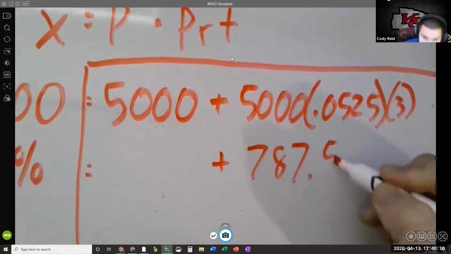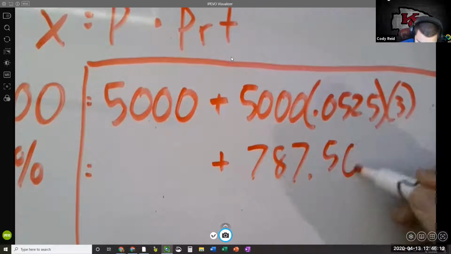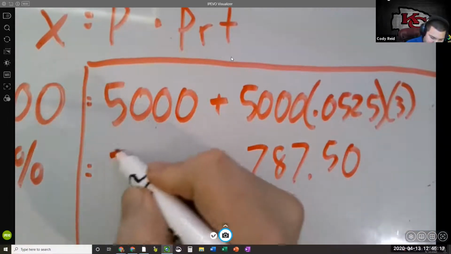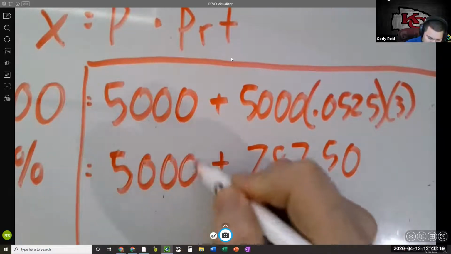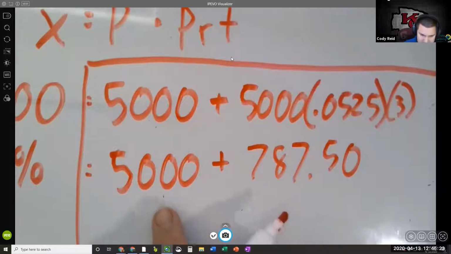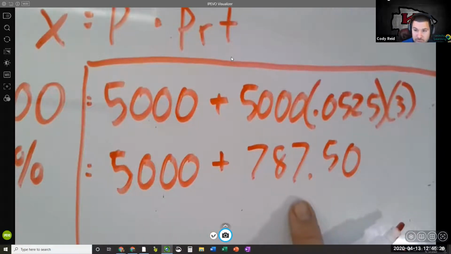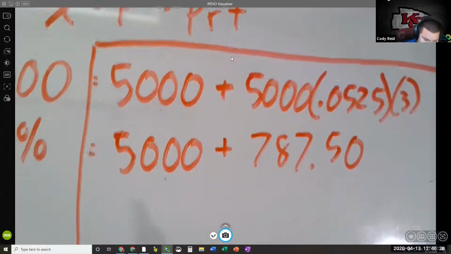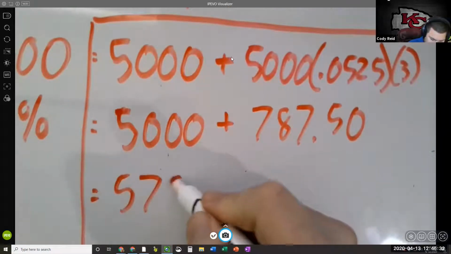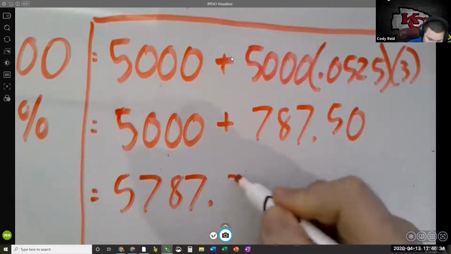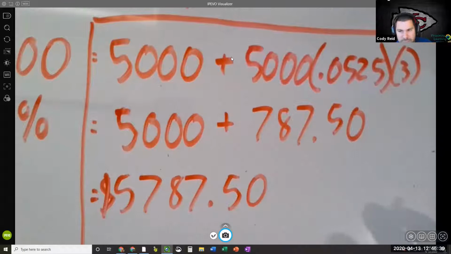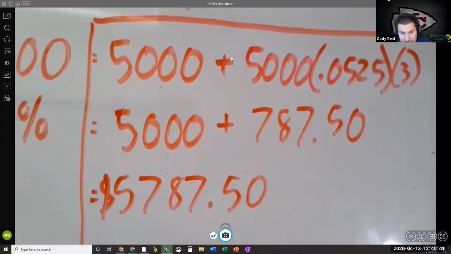So we made a lot of money in the bank after 3 years. And we add that to what we started with, which was $5,000. So that's what we started with, that's how much money we made after 3 years, and this is the total amount that's in our bank account or in our savings account.